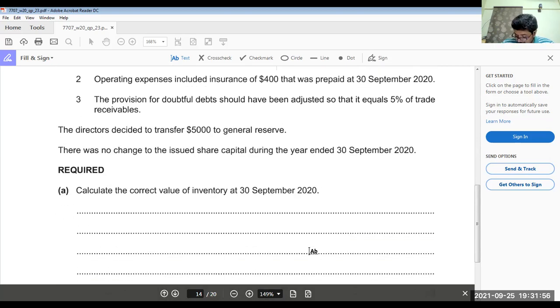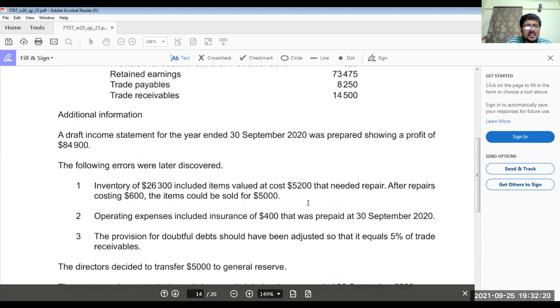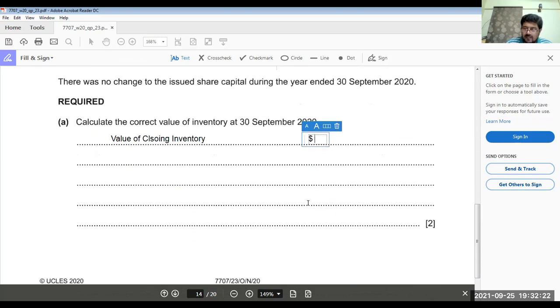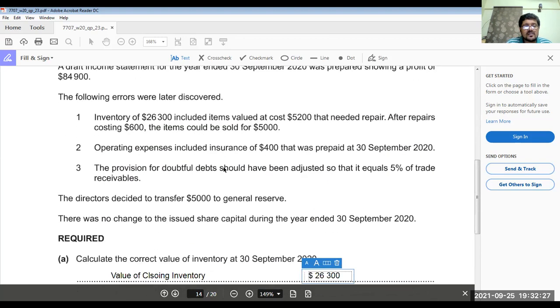30th September. Now, what we have to do now, value of closing inventory is given. How much is it? Value of closing inventory. It is given, $26,300. Now, included. This is the word.